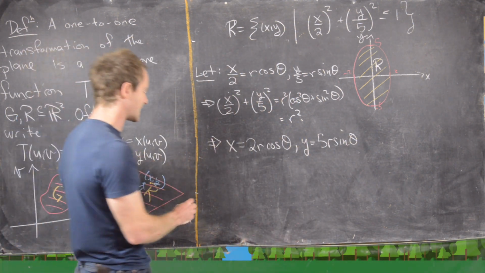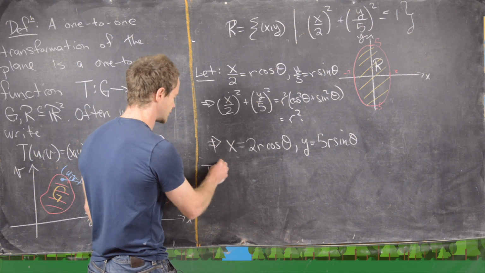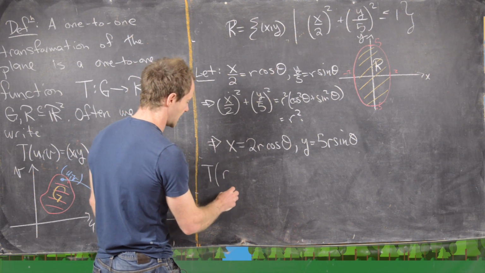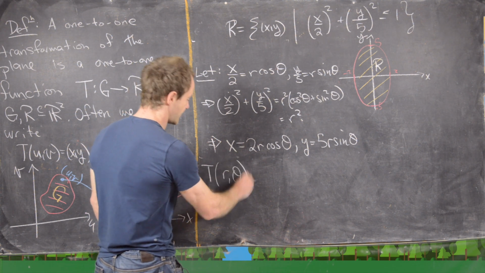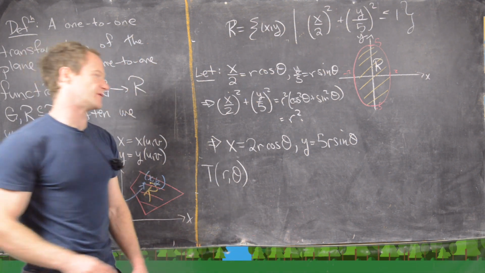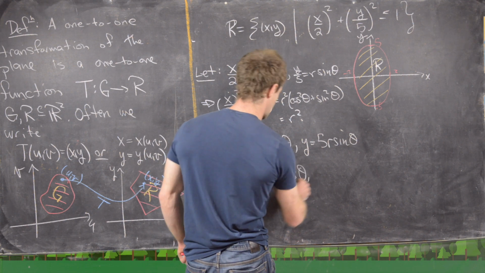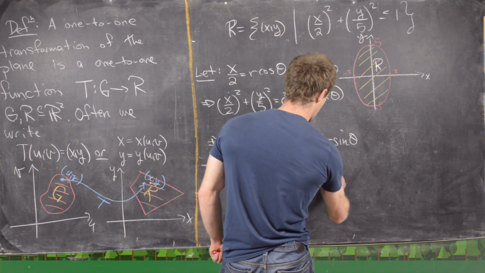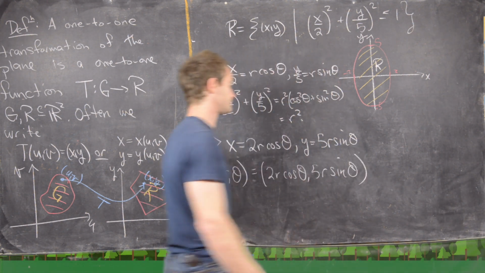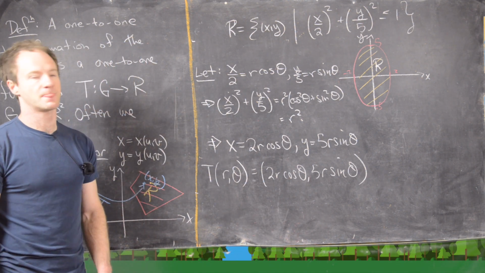Okay, great. So what that gives us is our transformation T, which goes from r, theta. Those are our original variables, and it takes us to 2r cosine theta, 5r sine theta. Great.